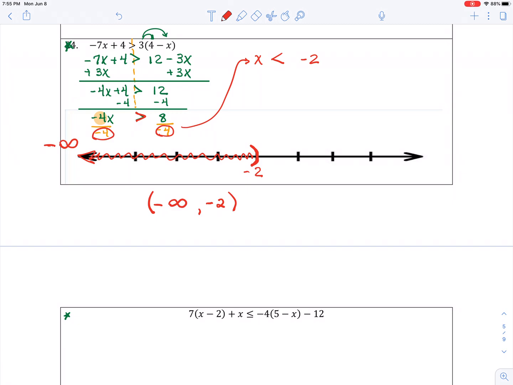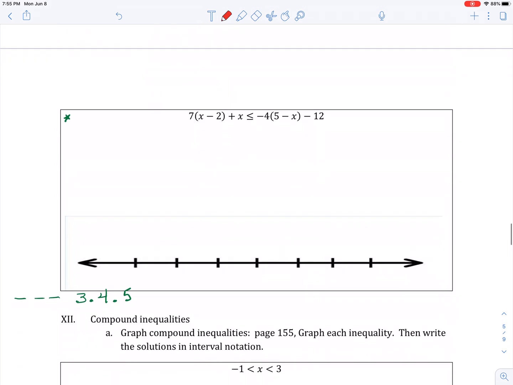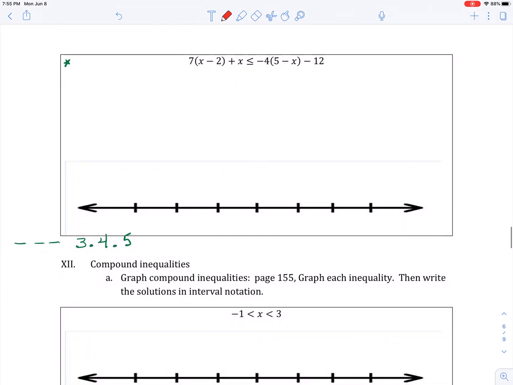All right, so I want to work with one more with you before I leave this. Again, this is the line that shows me the left side from the right side of the inequality. I see a distribution that needs to take place here, so I'll be using the distributive property. I see that again over here.